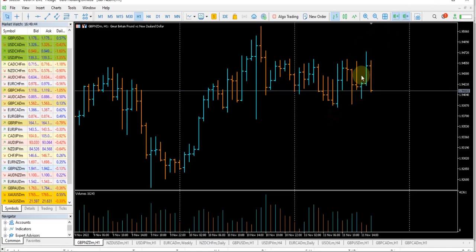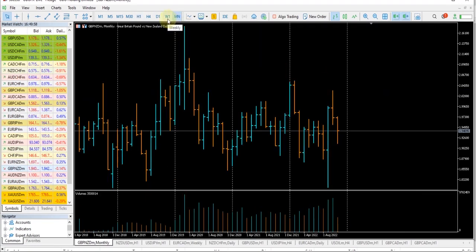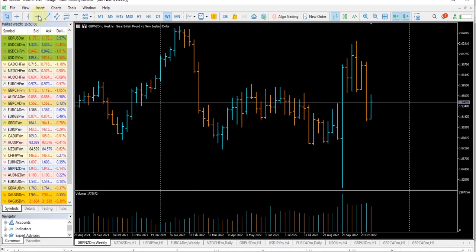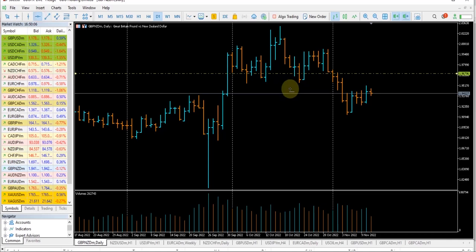Okay, some people are asking about the support and resistance area, because we prefer to trade on support resistance area, no matter whatever time frame. For example, whether there is monthly time frame support resistance or weekly or daily, whatever time frame support resistance they are nearby, we try to trade that area.